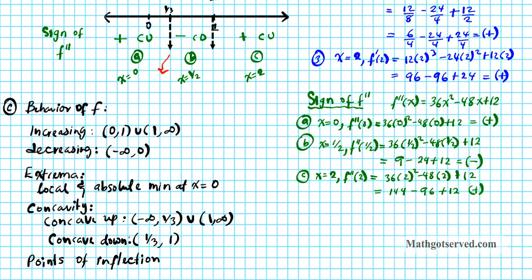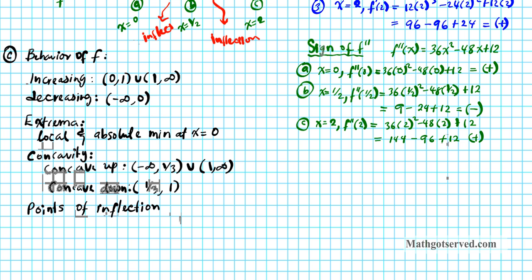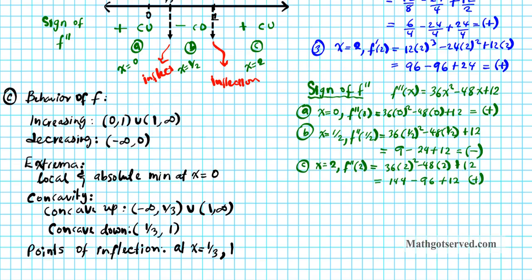So here, point of inflection, and then also here, you also have another point of inflection. All right, so our points of inflection are at x equals 1/3 and 1. That's where you have your points of inflection.